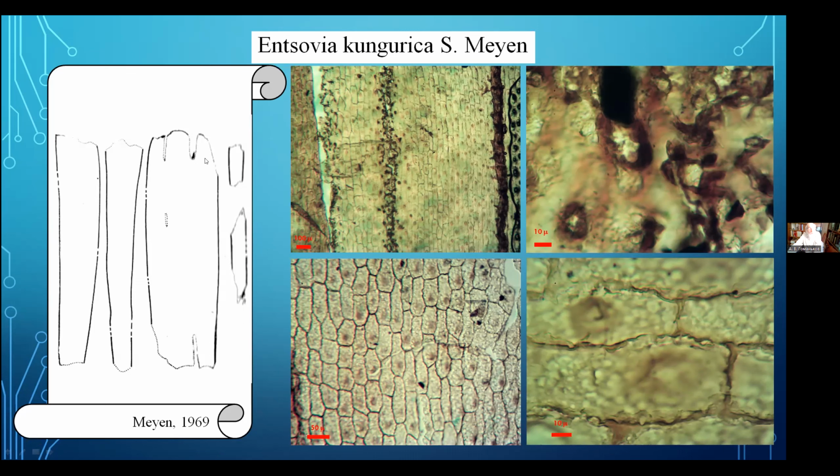The characteristic feature of Ensovia are paired dorsal furrows on the lower side of leaves. They are arranged in pairs so that the distance between two furrows in a pair is much less than the distance between pairs. The cells on both sides of the leaf form more or less prominent longitudinal rows.